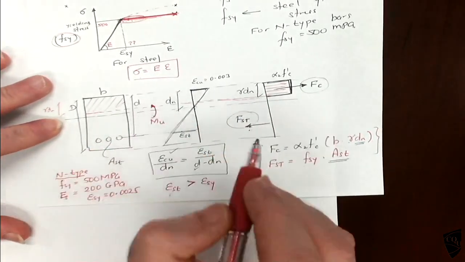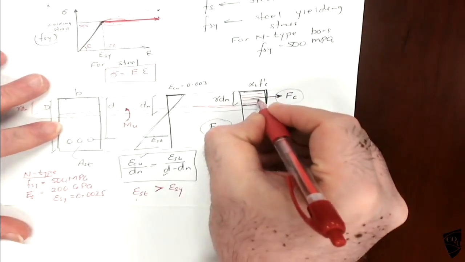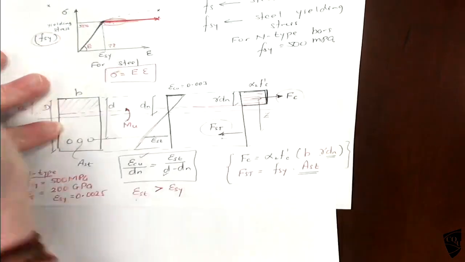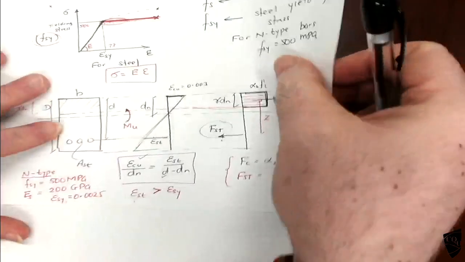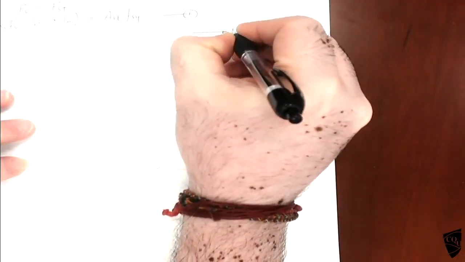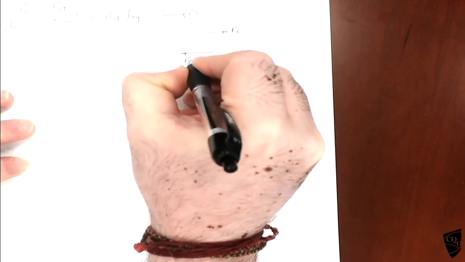That should be balanced by these forces. So we had two parallel forces, FC and FST, both are equal.